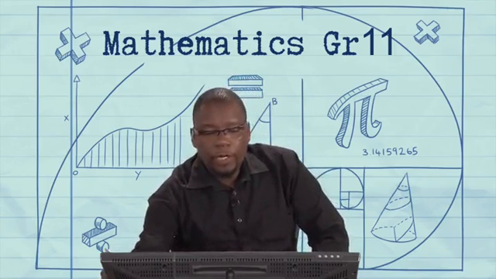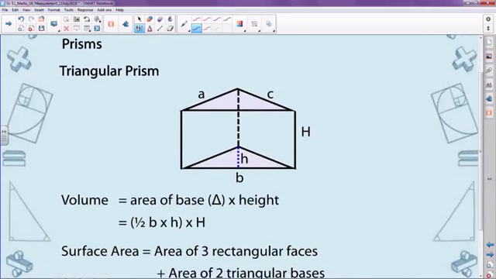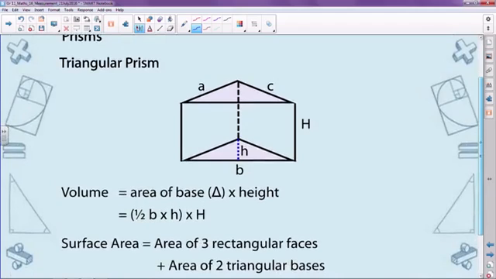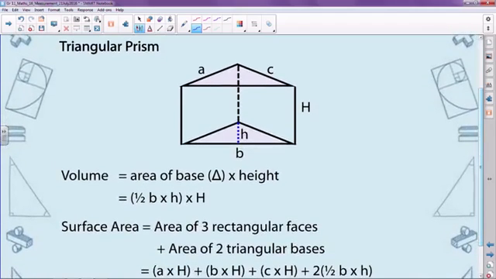So now if we look at the key concepts here, your prisms, your triangular prism, if we're working out a volume for your triangular prism, we work out the area of the base multiplied by the height.